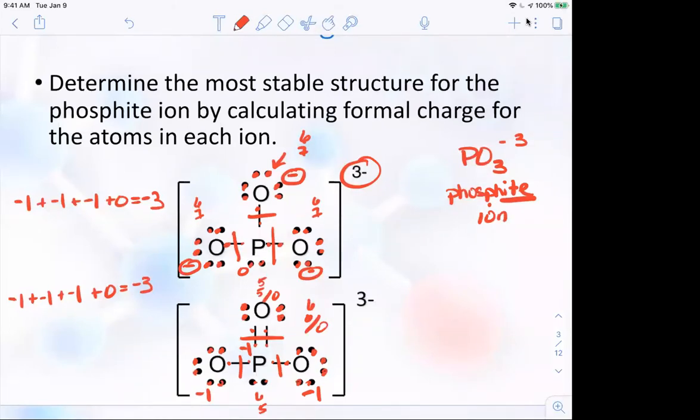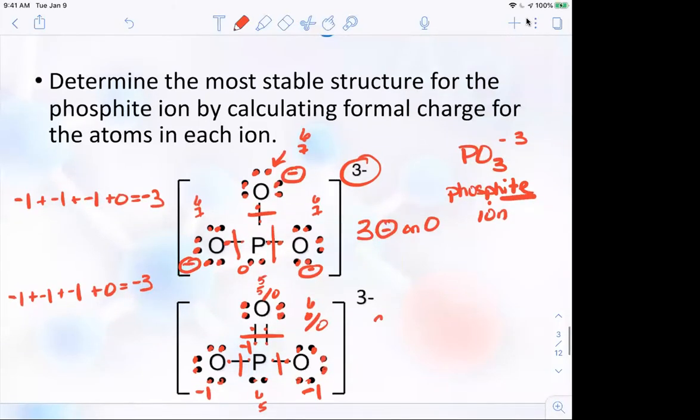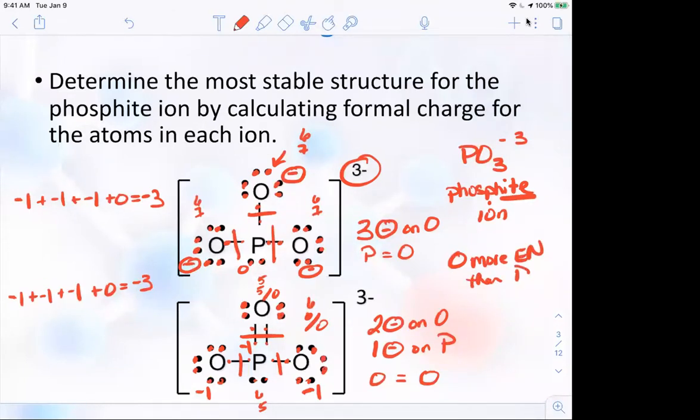But where's my negative charge? Here I have 3 negative charges on oxygen. Here I have 2 negative charges on oxygen, 1 negative charge on phosphorus, and 1 oxygen is a 0 charge. Here, my phosphorus is the 0 charge. So what's more electronegative? Oxygen is more electronegative than phosphorus.